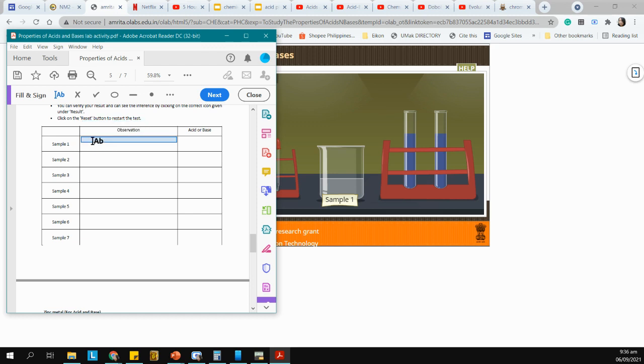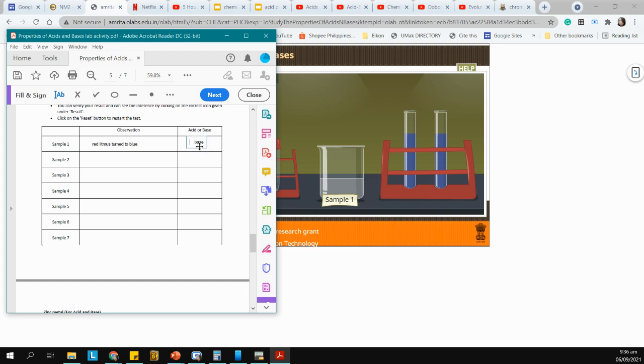Ayaw niya magpakita yan. Yan. So, ganyan ang gagawin niyo. And then, on the other side, you're going to write there, is it an acid or a base? So, sulat nyo, it's a base.